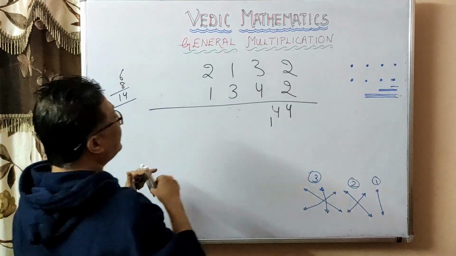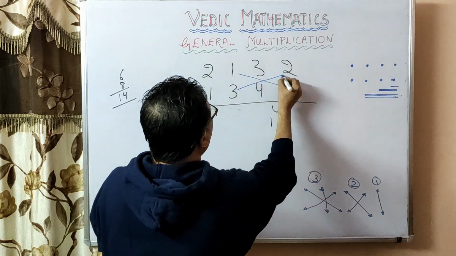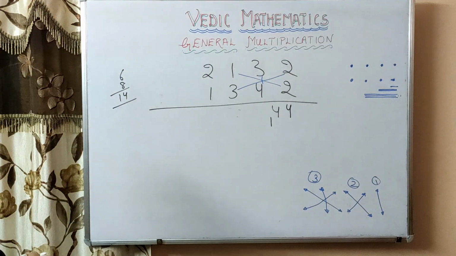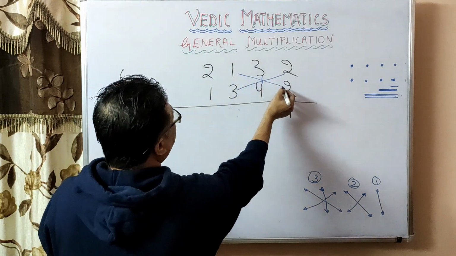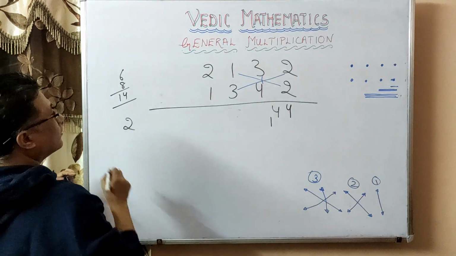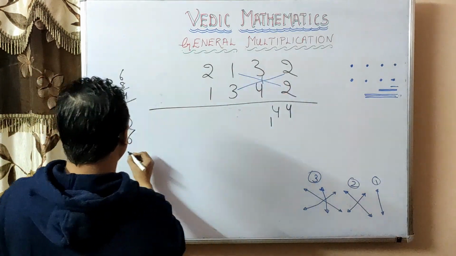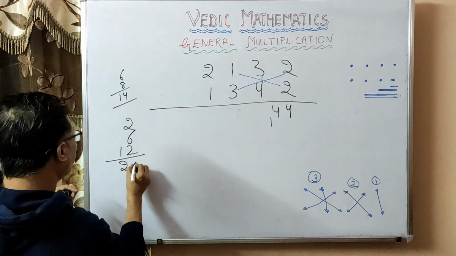Means what is step 3? 1 to 2, 3 to 2, and 3 to 4. This is step 3, and add these. So 3 to 1 multiply 2, 3 2s are 6, and 4 3s are 12. 12 and 6 is 18, and 2 is 20.